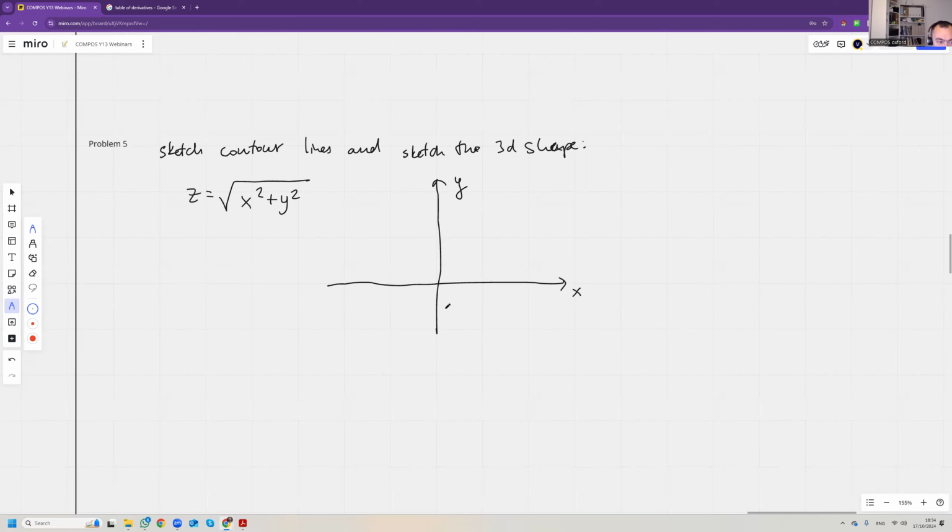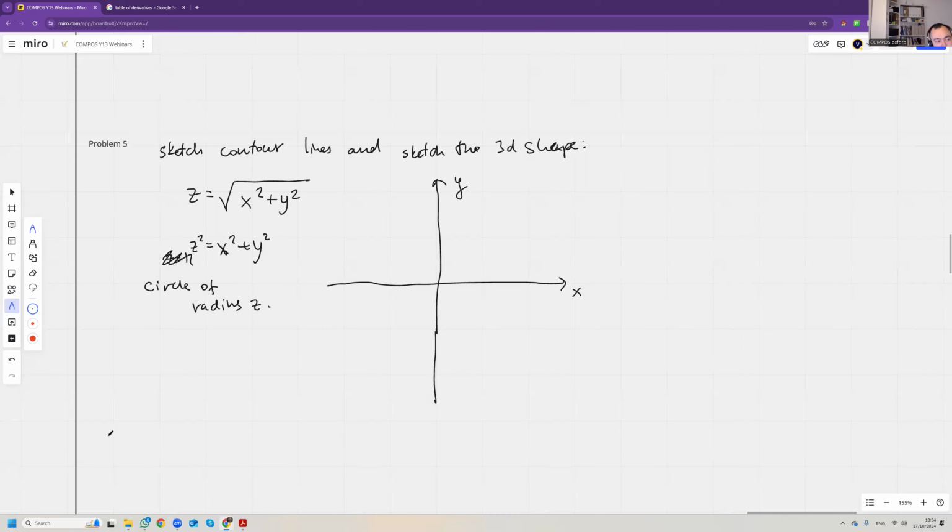So x, y. Suppose z is 1. Well, we can first square it. So z squared equals x squared plus y squared. So it's a circle of radius z.